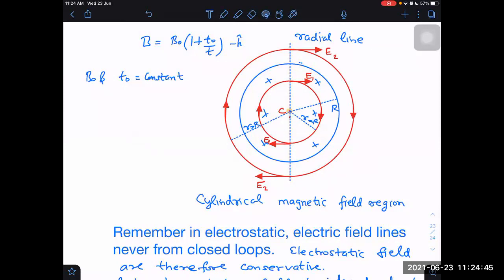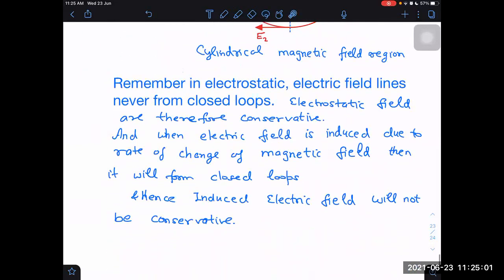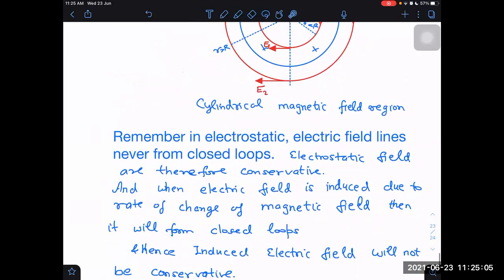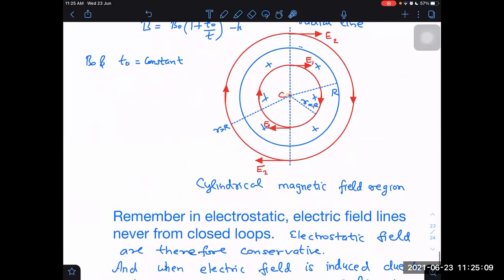Right. Now, what is the electrostatic potential difference?